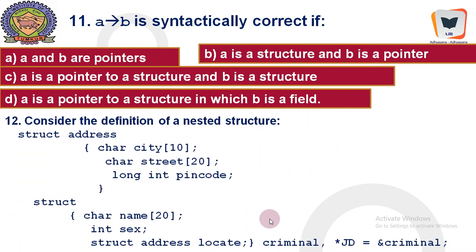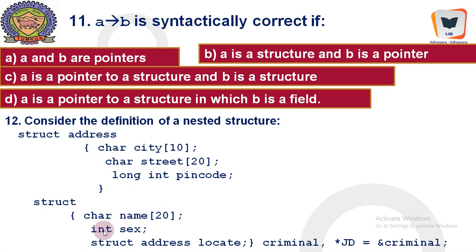Then the 12th question is, we have considered the definition of a nested structure. Here is a small structure, let us say, holding the address template: character city consisting of 10 characters, character street 20, long int pin code.